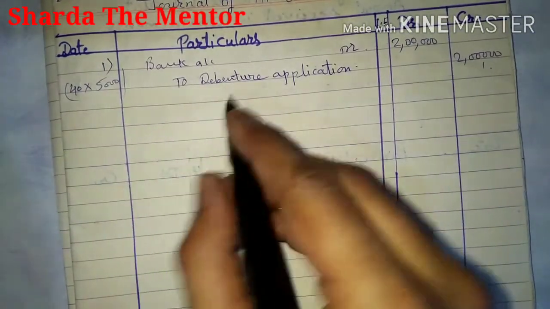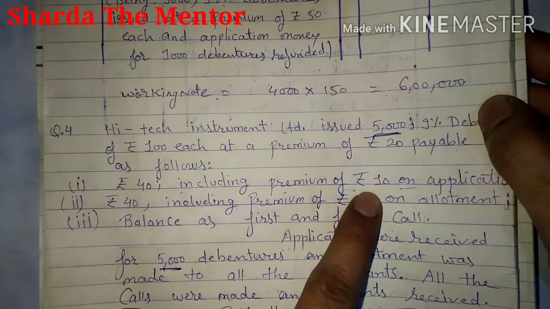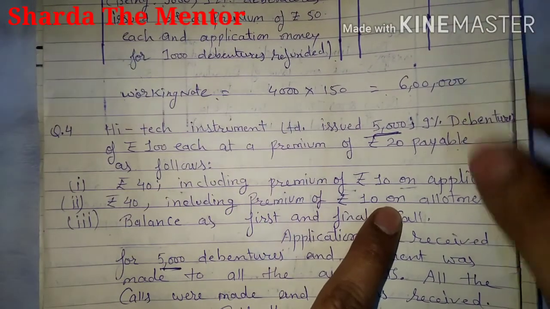Second entry, it is given in the question that there is 10 rupees premium for application and 10 rupees for allotment.